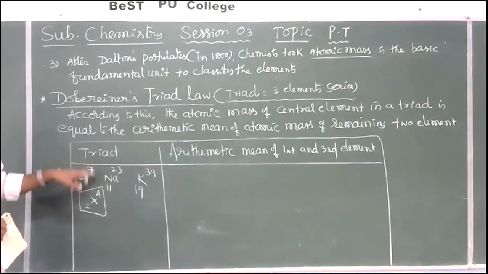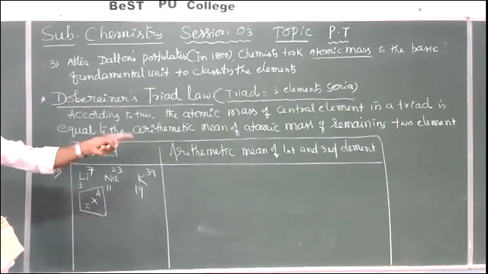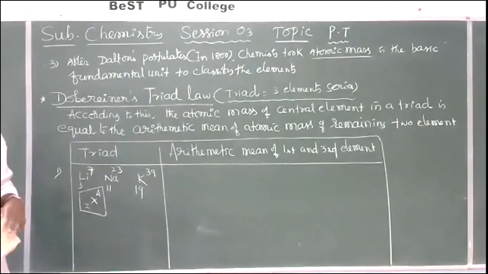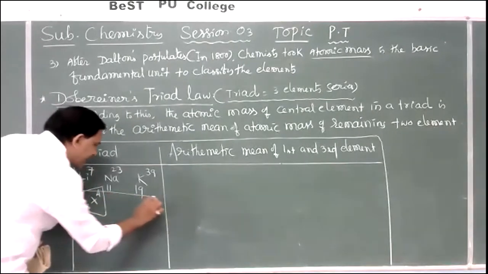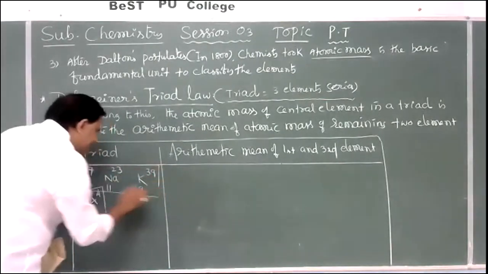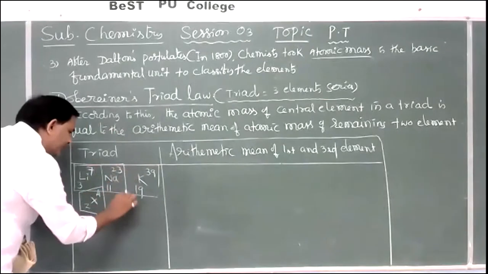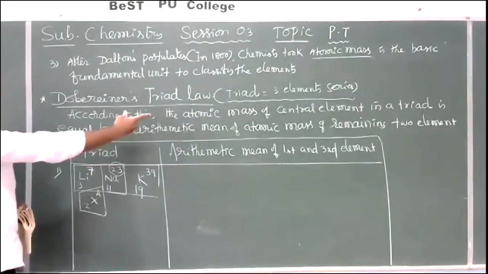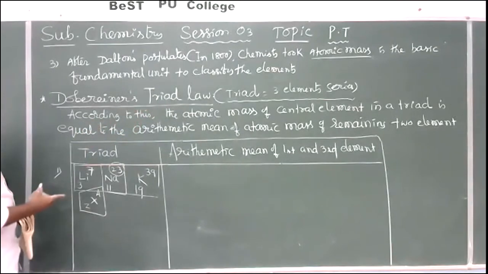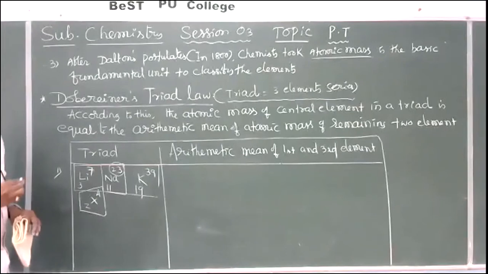Okay, so it is one triad, the arithmetic mean of the first and third elements in a triad. In this triad, the central element is sodium, its mass is 23. So the atomic mass of the central element in a triad is equal to the arithmetic mean of the atomic masses of the remaining two.